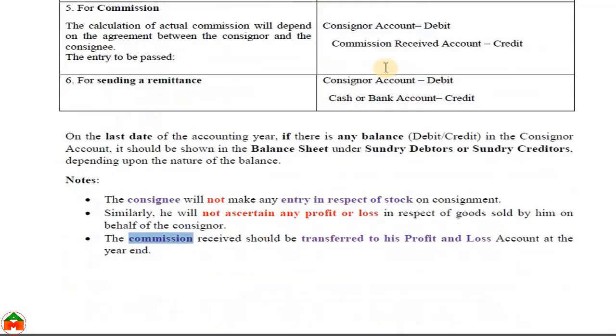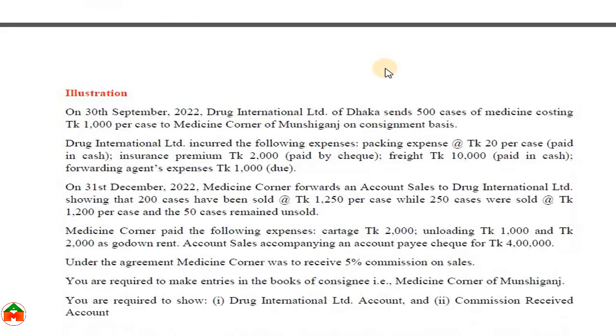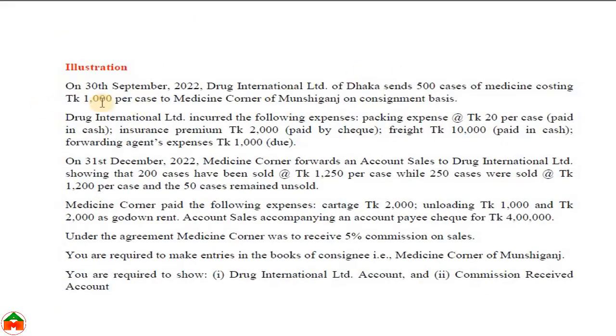Now we are going to see a practical illustration. On 31st December 2020, Drug International Limited of Dhaka, this is the consignor, sends 500 cases of medicine costing Taka 1000 per case to Medicine Corner of Munshiganj on consignment basis.